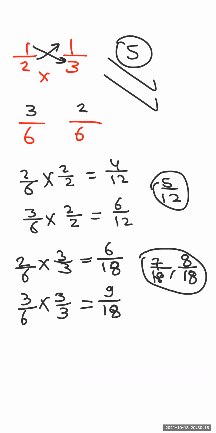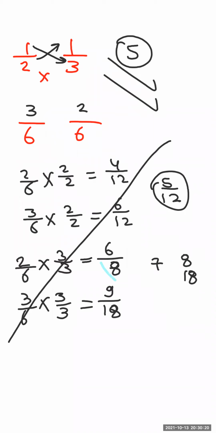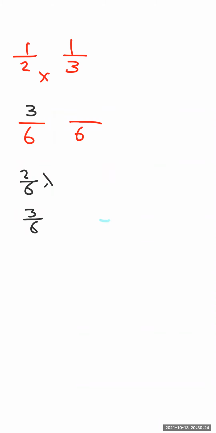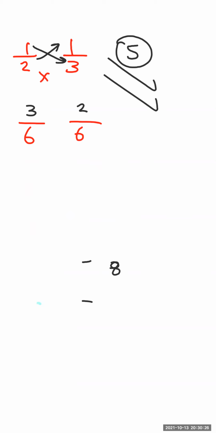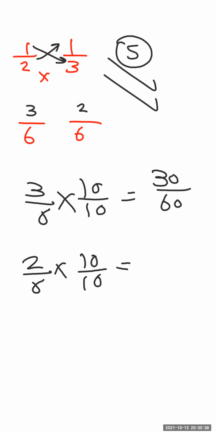I want 5. And instead of all that, we will just multiply the numbers directly by 10 over 10, like that. 3 over 6 times 10 over 10, 2 over 6 times 10 over 10. So it will equal 30 over 60 and here 20 over 60.